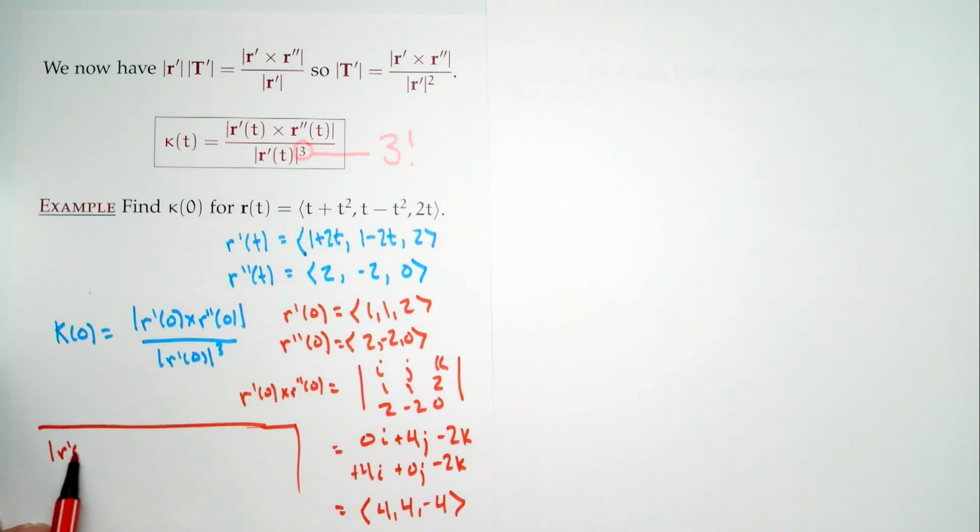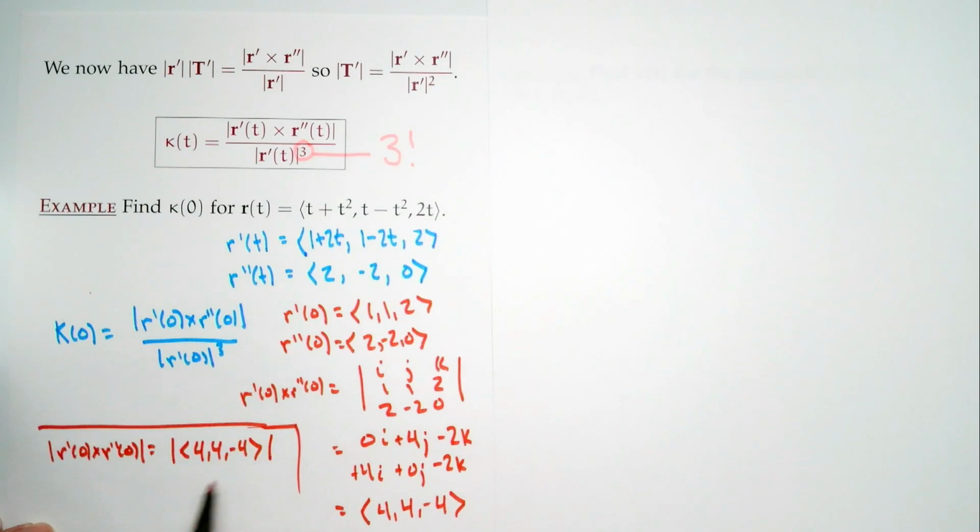The magnitude of r prime of 0 cross r double prime of 0 now becomes the magnitude of 4, 4, negative 4. Well, to do this magnitude, you can save yourself a little bit of work, because notice these all have something in common. They all have 4. So since it's common, I can pull out the 4. I can think of it as the vector 1, 1, negative 1 that's been scaled by 4.